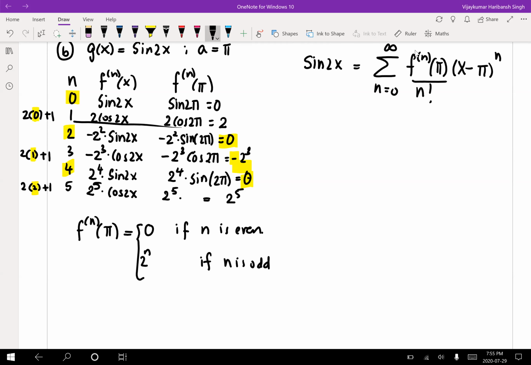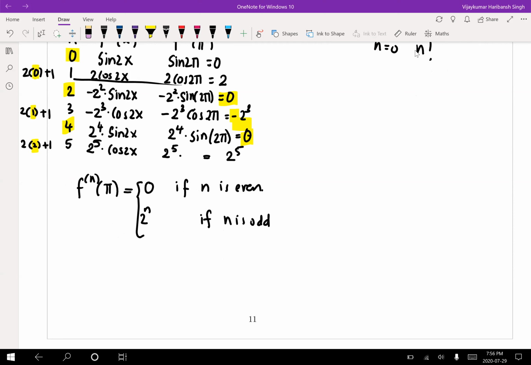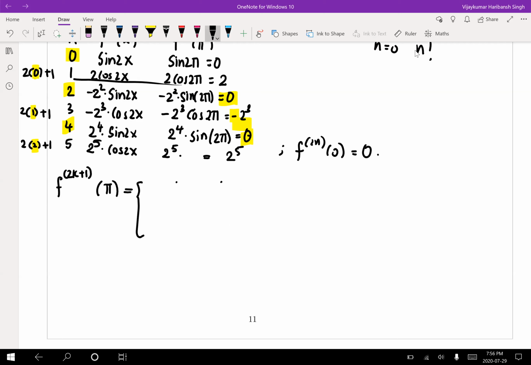It's going to be plus or minus. So instead of writing f^(n), I should write f^(2k+1). Note that f^(2n) of pi is 0. And here we get f^(2k+1) of pi is going to be minus 1 to the power k times 2 to the 2k plus 1. So this is what we have figured out.